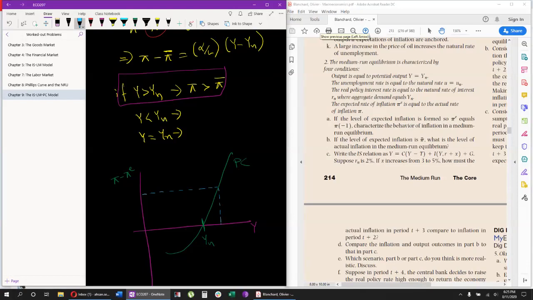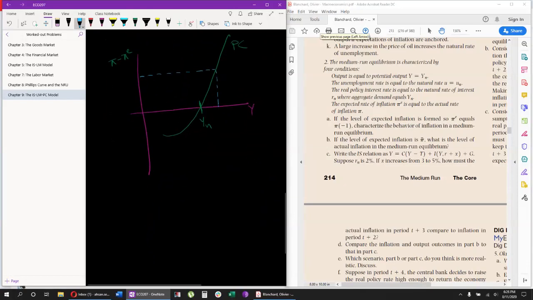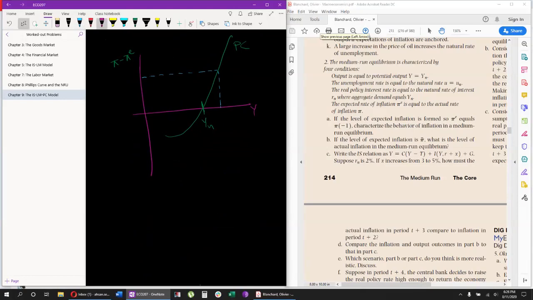Oh, I've made a mistake. Okay, I'll just draw it down here. So in the book, this diagram is drawn above. I'll just draw it down here. So what we get is the IS curve.